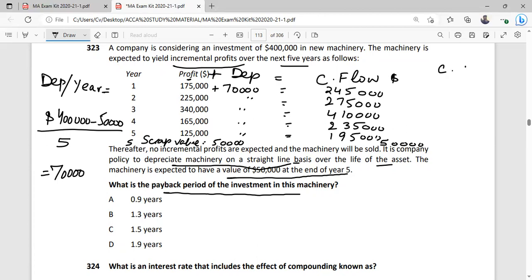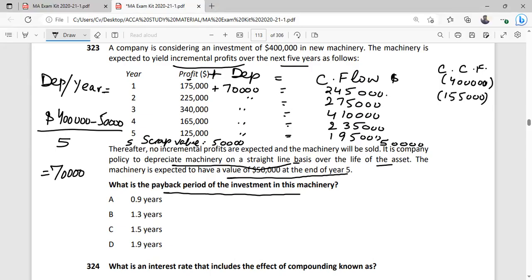Next column is cumulative cash flow. In year 0, we made investment of $400,000. So we will start with the negative 400,000. In year 1, we have recovered 245,000 from 400,000. So the balance recoverable amount is 155,000.